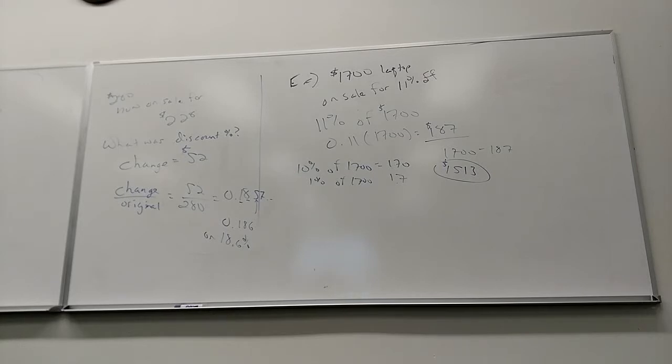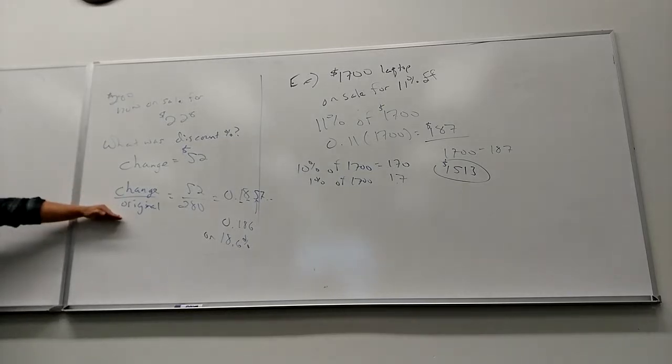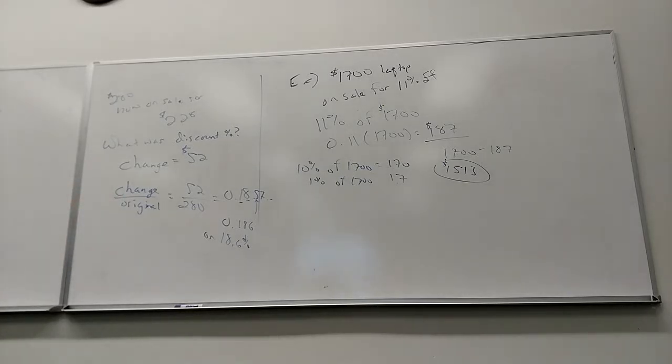What was the percent change? Guess what formula I'm going to use? Change divided by original. So how much did the amount of people change by? 800. So the change is 800 divided by the original 3,500.